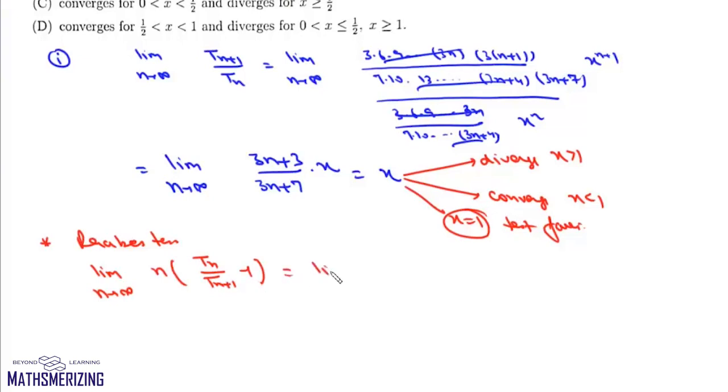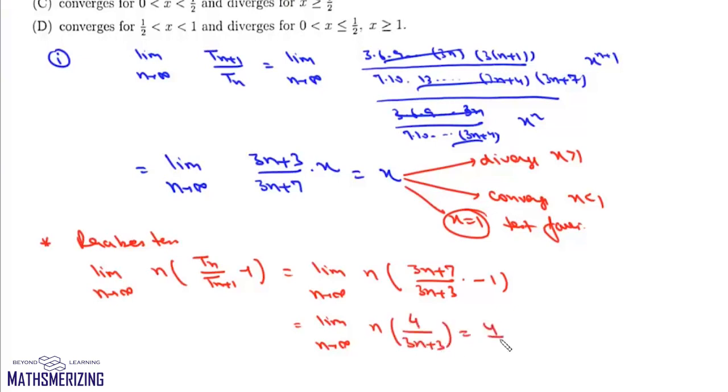So it'll be the limit as n tends to infinity of n into ((3n plus 7) upon (3n plus 3) into 1 by x, and x here is 1, minus 1). So it will be the limit as n tends to infinity of n into 4 upon (3n plus 3), which is 4 by 3. That means this series converges for x equal to 1.